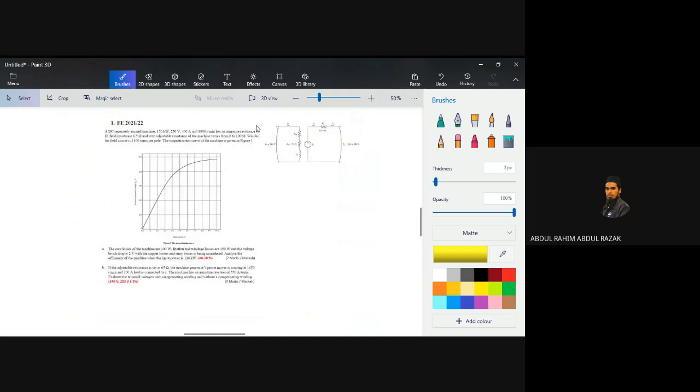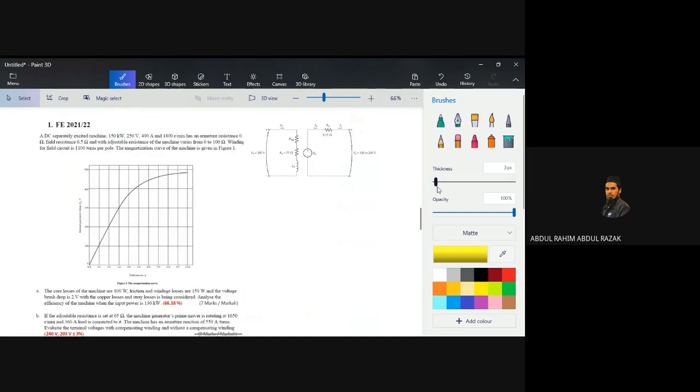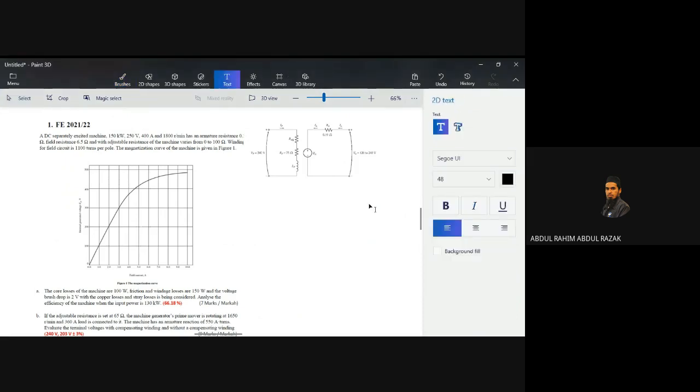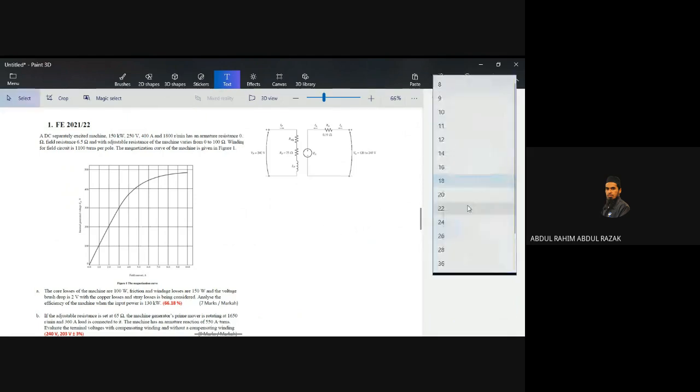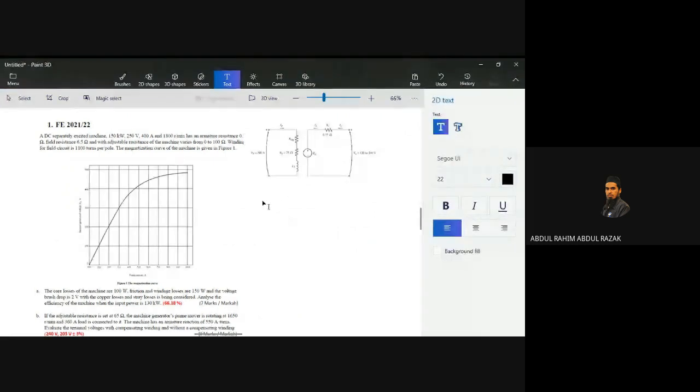We draw the circuit, draft or sketch the circuit, and key in all the data, such that you don't have to return back to the question sheet. You can directly answer from your answer paper.